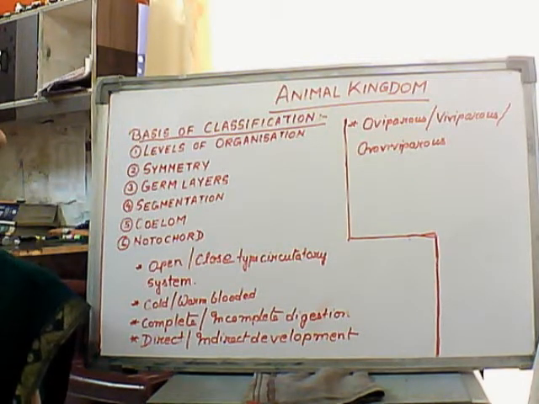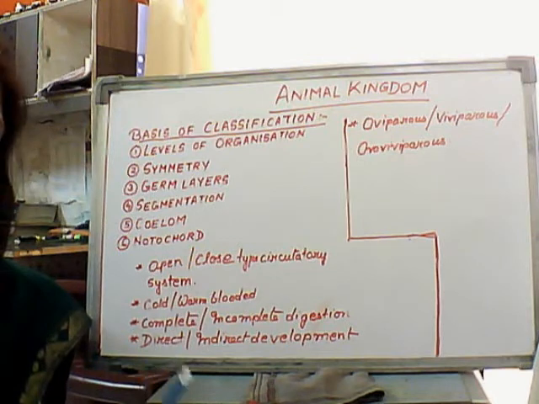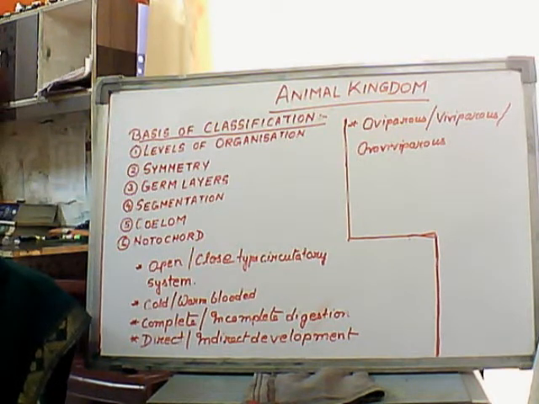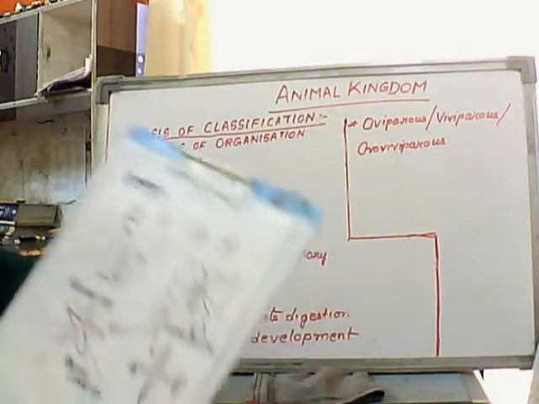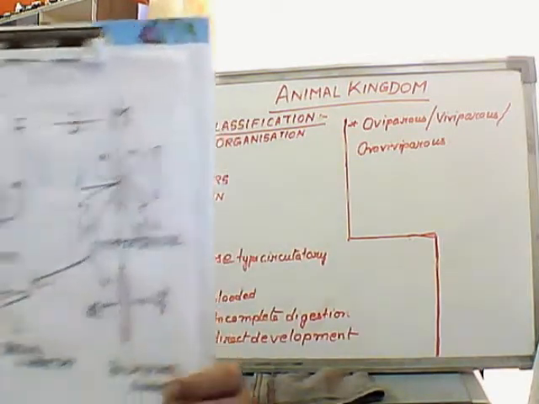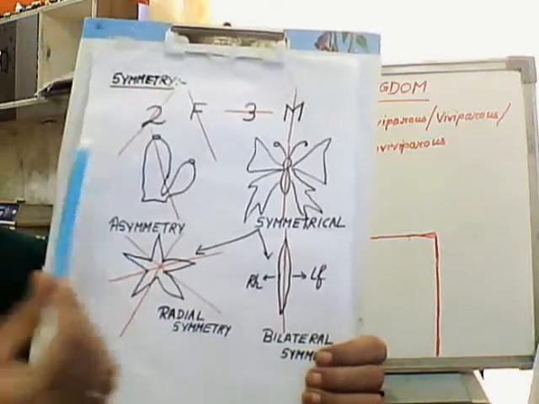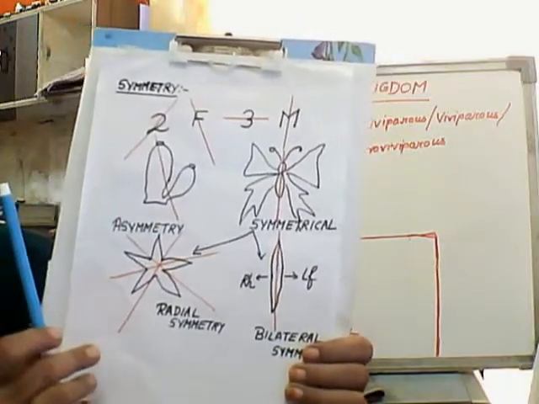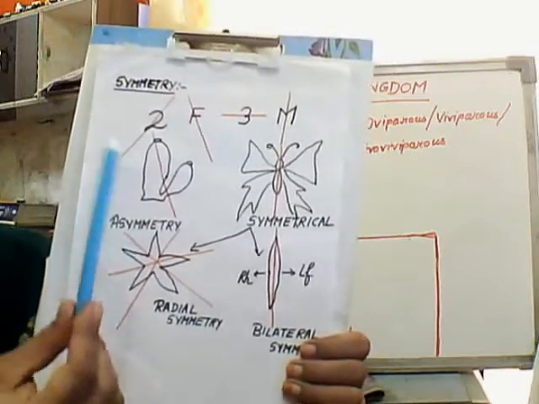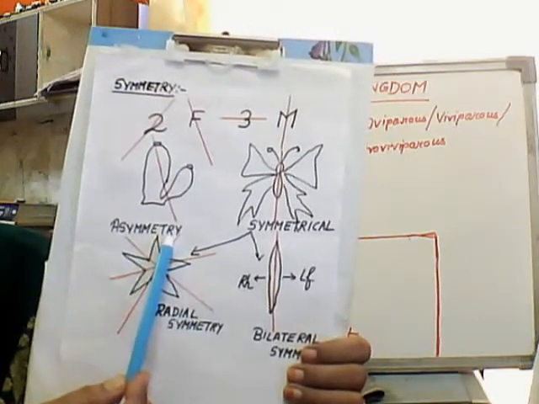Some animals can be divided into two equal parts and are said to be symmetrical, and some cannot be divided into two equal halves and are termed asymmetrical. Now to explain it roughly, I have drawn some diagrams to first explain what is symmetrical and asymmetrical.